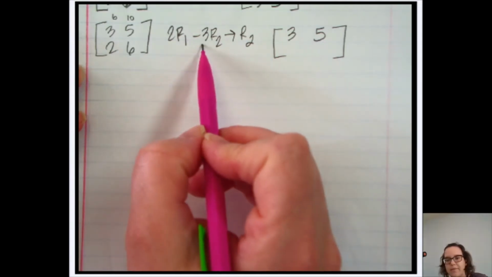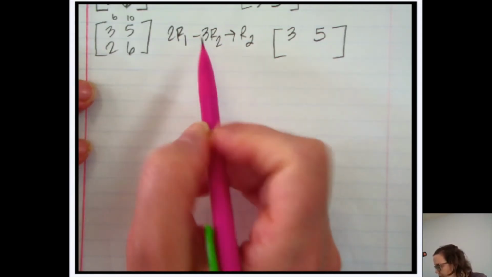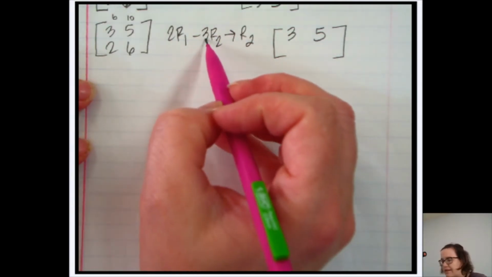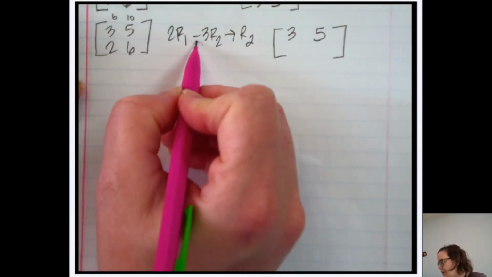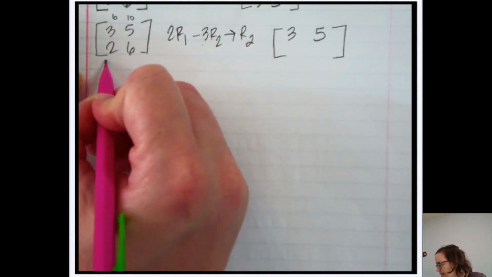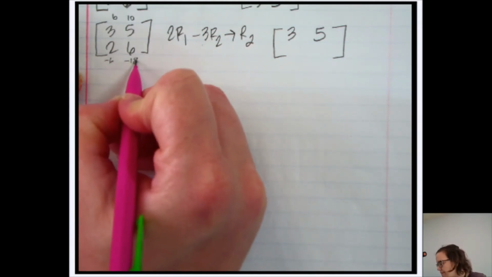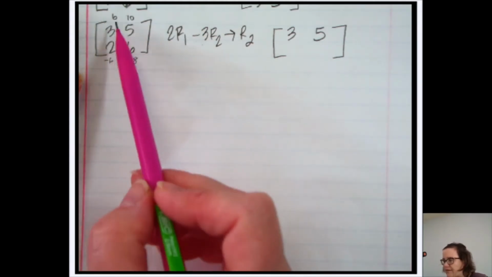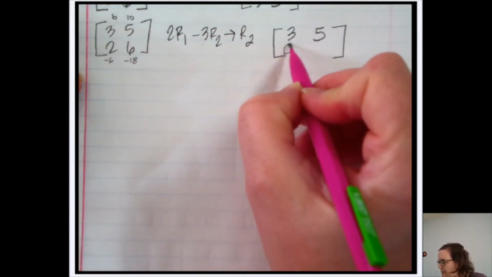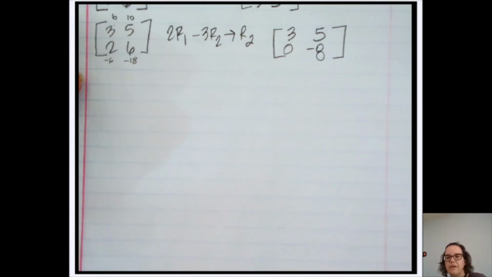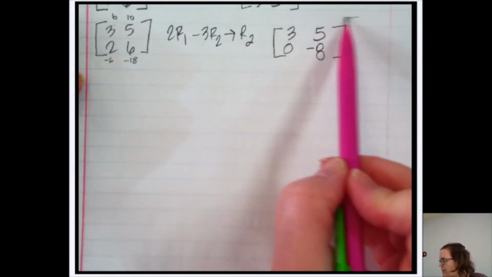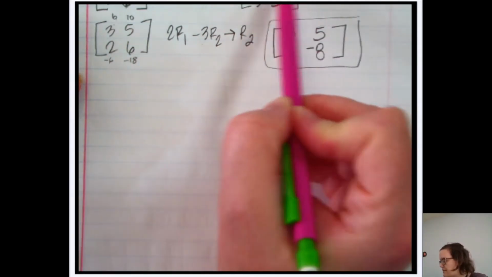Then I multiply by negative 3, or I multiply by 3 and then I subtract, however you want to do that. I just usually do a negative. So negative 3, this becomes negative 6, and this becomes negative 18. Then I put these together. 6 minus 6 is 0, and 10 minus 18 is negative 8. So that is my resulting matrix.